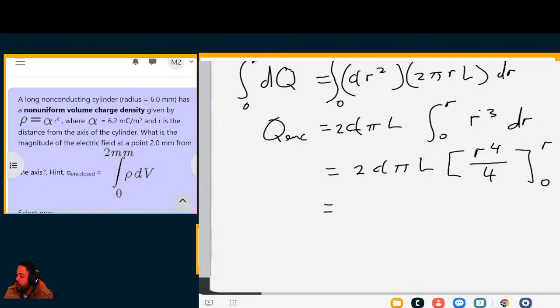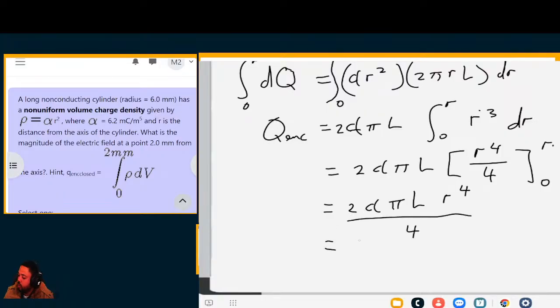And if we finish the integration, we get 2 alpha pi L, r to the power 4, the answer, divided by 4.